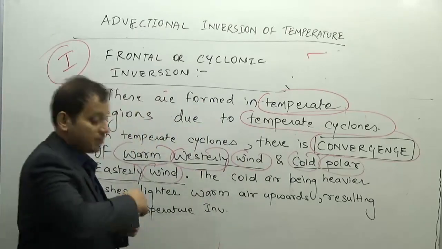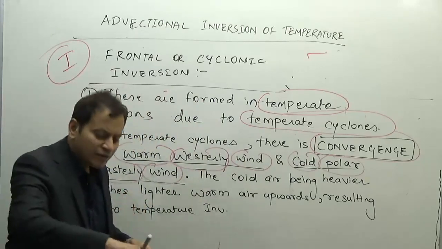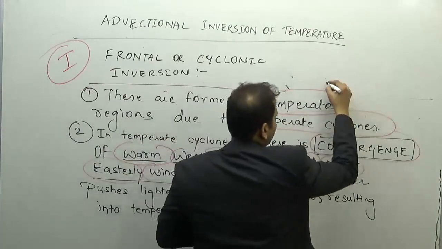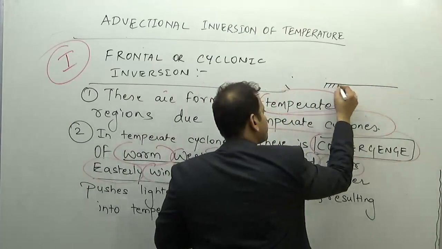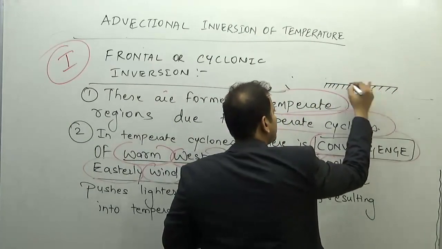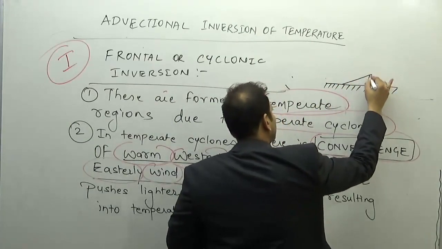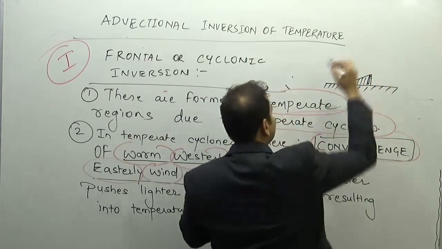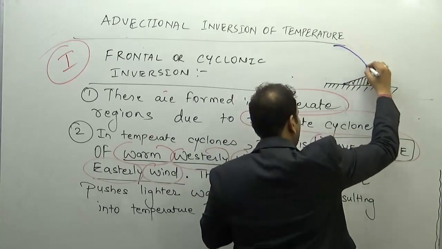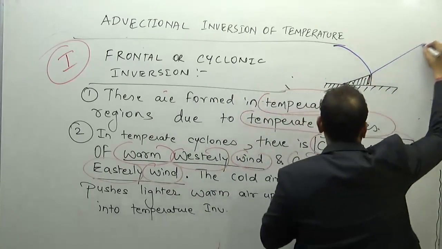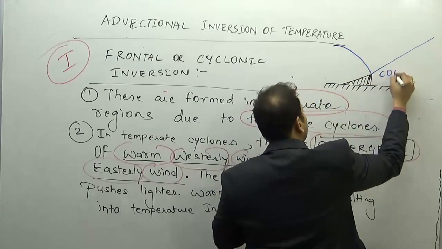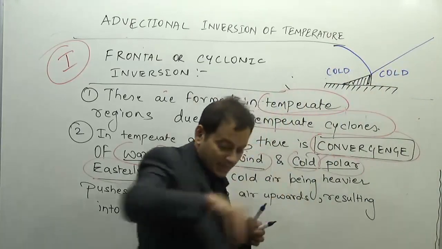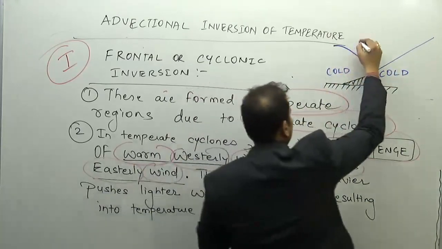So the situation becomes somewhat like this, though you don't have to draw this diagram in the examination. If this is the ground surface, there is cold air below and there is warm air above.